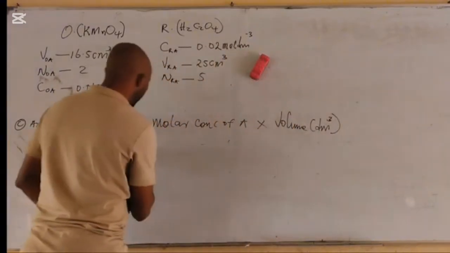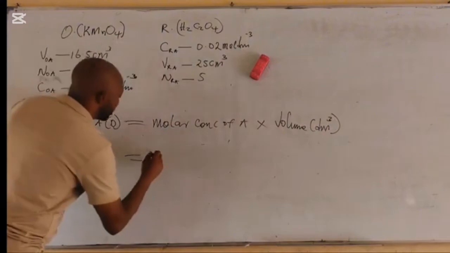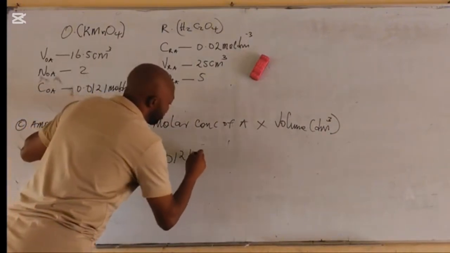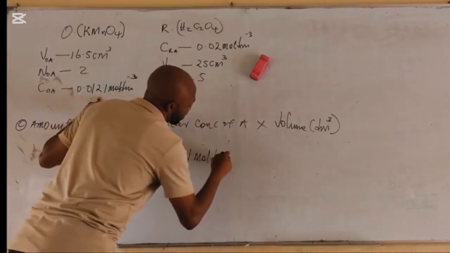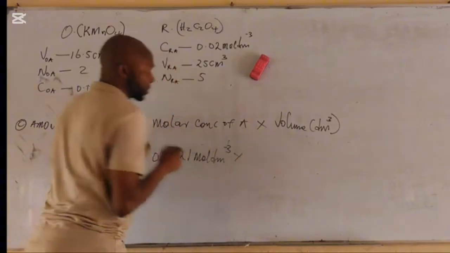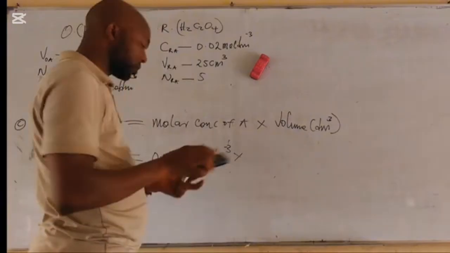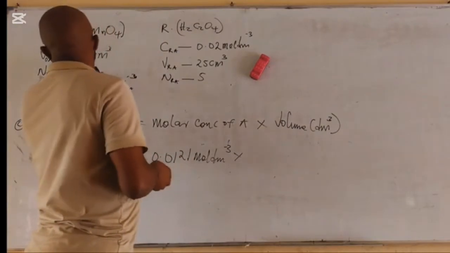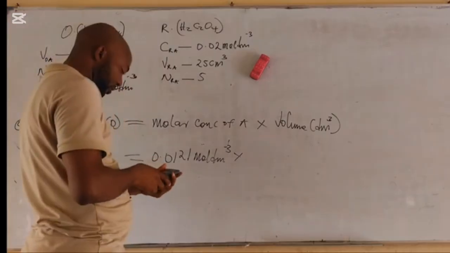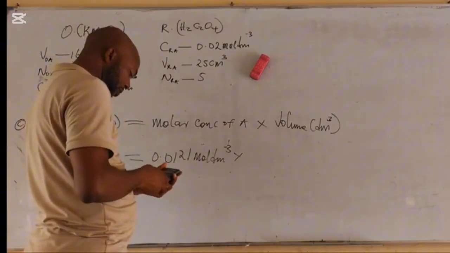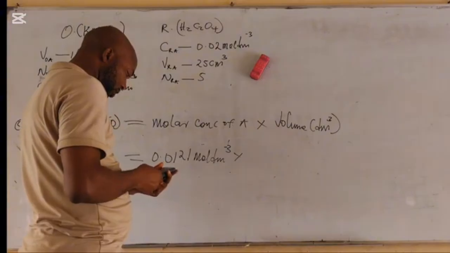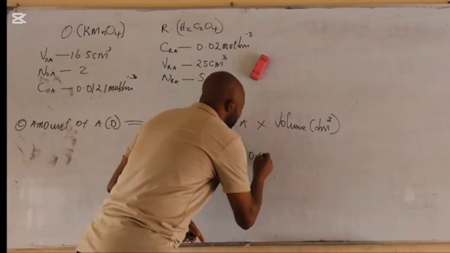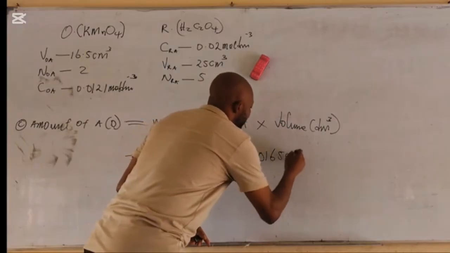So this will become, the molar conc is 0.0121 mole per dm³ times the volume of this is 16.5. 16.5 divided by 1000, 0.0165 dm³.